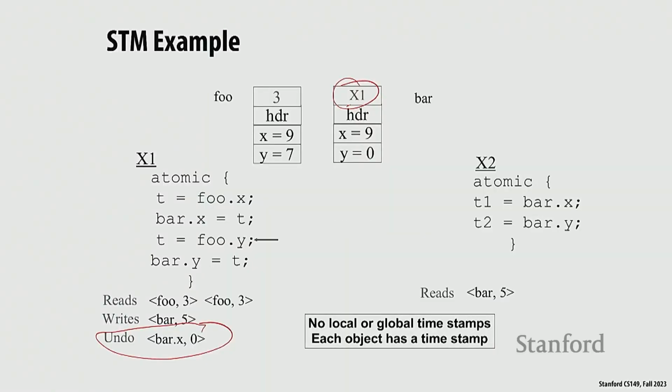Okay, so X1 continues. We have another read of foo, foo.y, and that gets put into the read set. And then we have another write of bar with that value, and that all gets put into the write set. Okay? All right, now we need to commit, right? And so what do we need to do on commit?